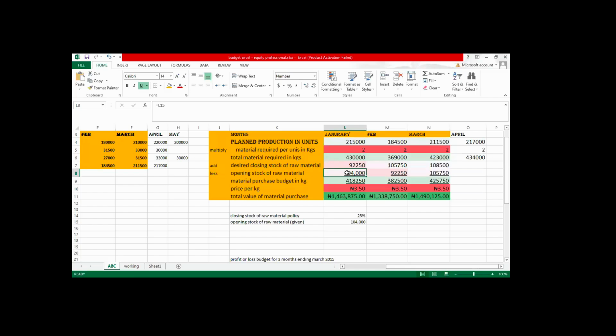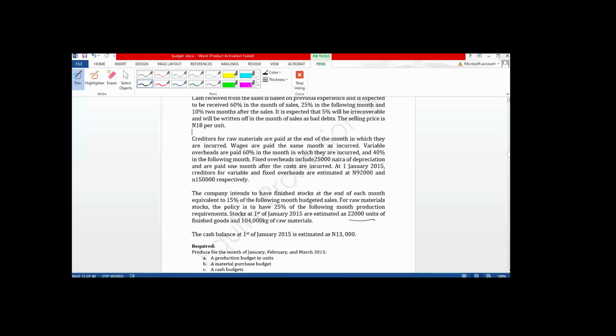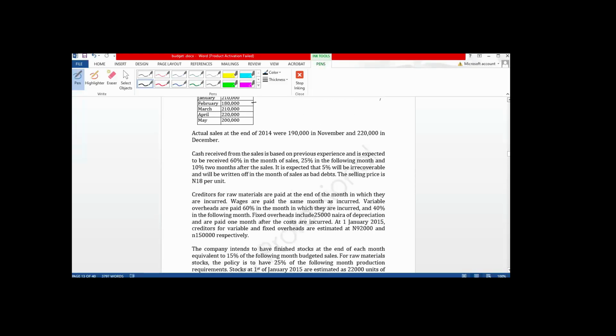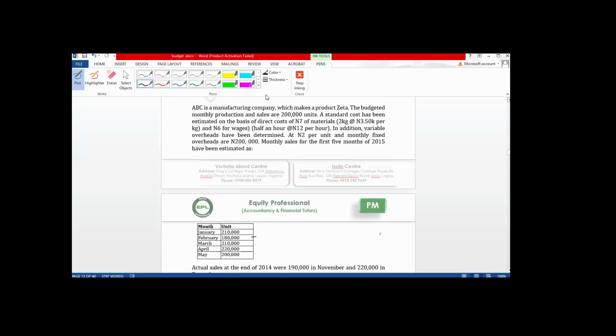Now, when you are done, what is the price of material per kg? Go and check the question. Look at paragraph 1. Material price per kg. 3 naira 50 kobo per kg. We can return to the Excel.